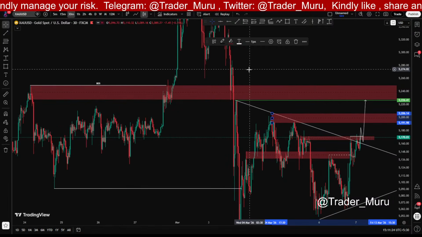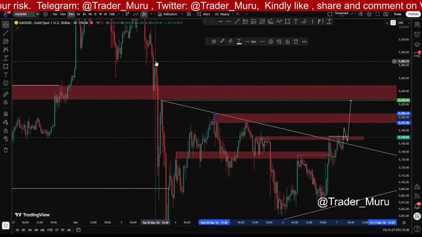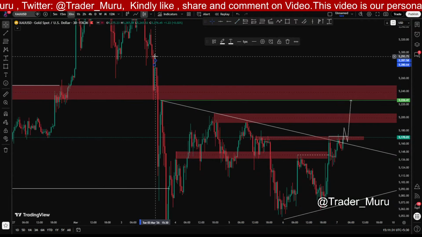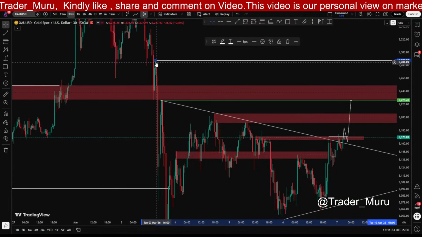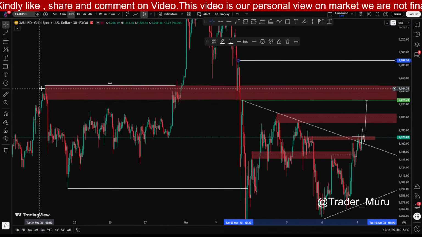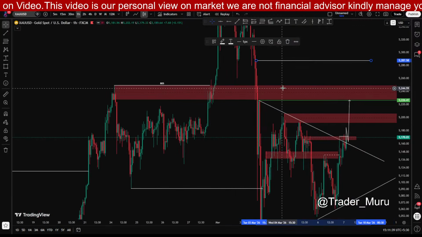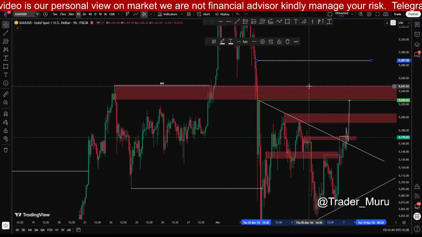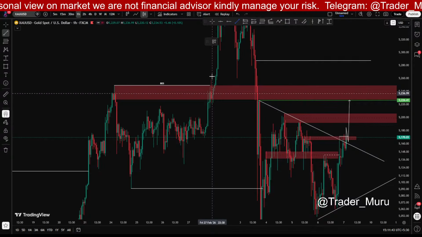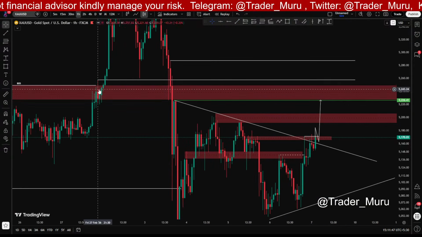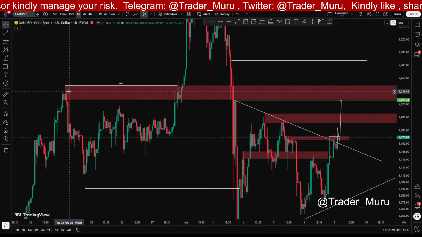Your stop loss will be above this high. This will be very big because this is the nearest supply present near this QML. If you want a smaller stop loss, then you should use a stop loss above this high. This one. This is the supply present near this area.